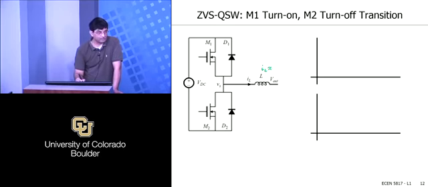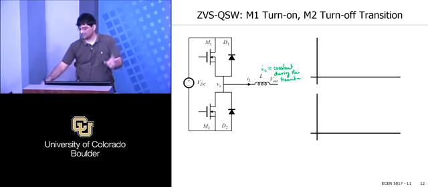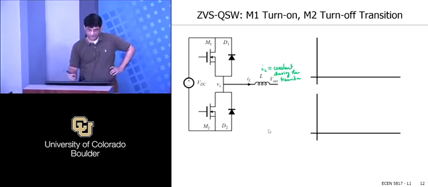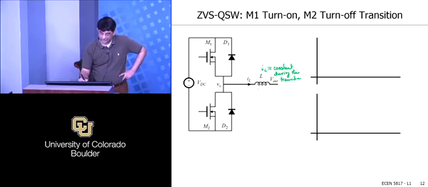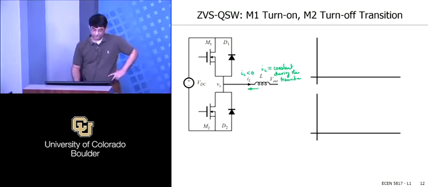Obviously it has a large ripple, but I'm just going to assume that it's approximately constant during this transition. That's a good enough approximation. That transition happens pretty quickly. However, now IL is negative, so it's actually flowing in that direction, because my IL is now less than 0.